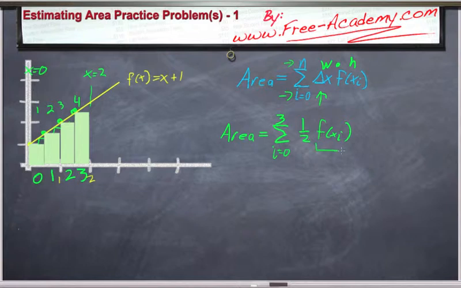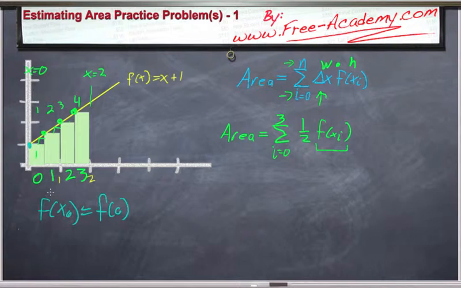Now the only thing left to figure out is f of x i. f of x is going to be a little bit different for each of these rectangles. For example, f of x naught, because this is the height of the first rectangle, should be equal to f of 0.